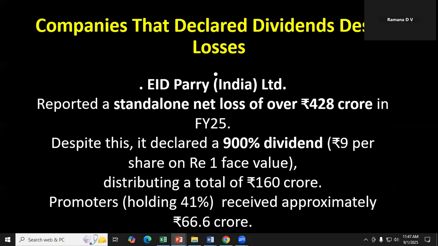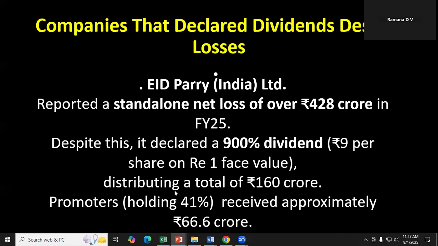We also discussed that the Companies Act allows a loss-making company to declare dividends. Are there any such examples in India? Yes. There are several such companies. EID Parry India Limited reported a standalone loss of 428 crore in 2025. Despite this loss, the company declared 900% dividend, 9 rupees per share on a face value.